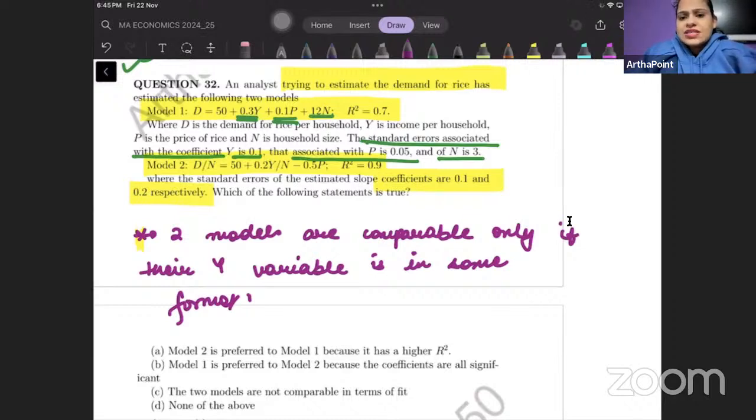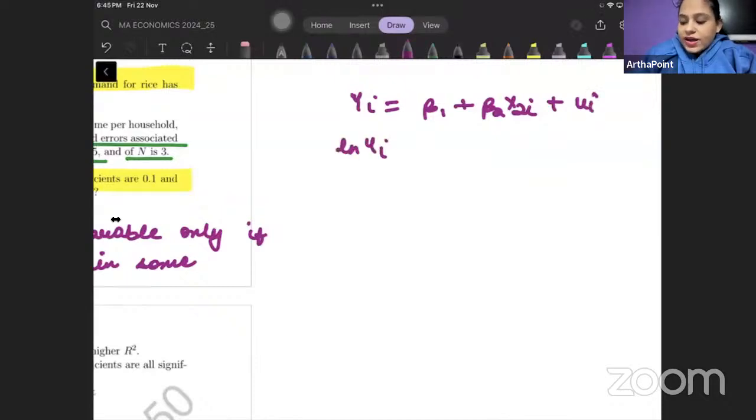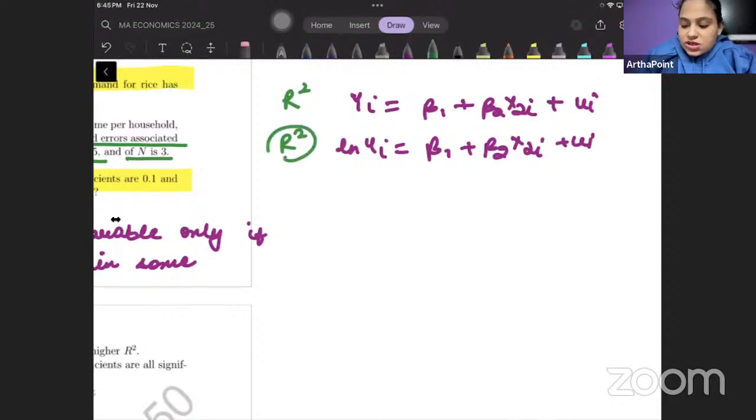What do I mean by the same format? I mean that if I'm writing my y side as yi equal to beta 1 plus beta 2 x2i plus ui, then the other model cannot be ln yi equal to beta 1 plus beta 2 x2i plus ui. I cannot compare the R square of these models and tell which model is better.